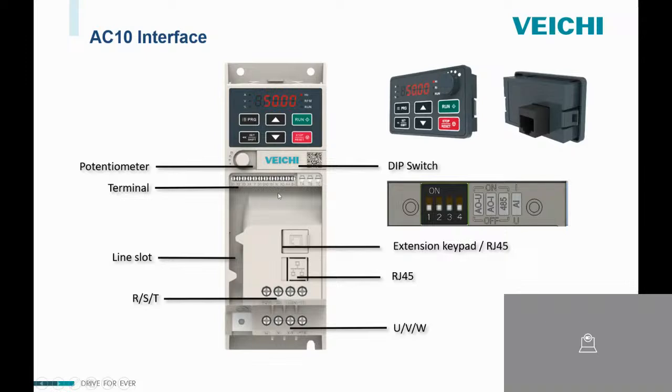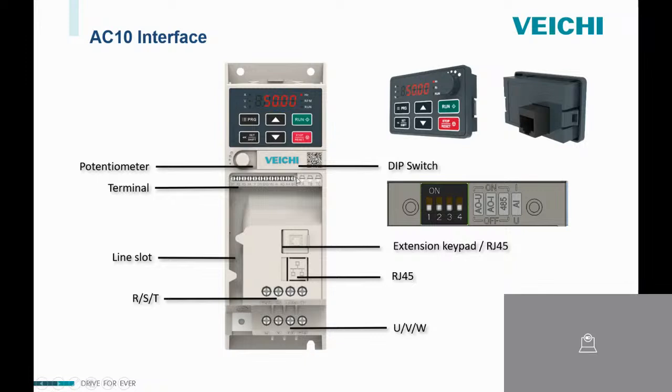And here is a line slot, and RST is our AC input, and UVW is our output, so for motor, and positive and PB is for braking resistance, and this port are for extension keypad, RJ45 network port.